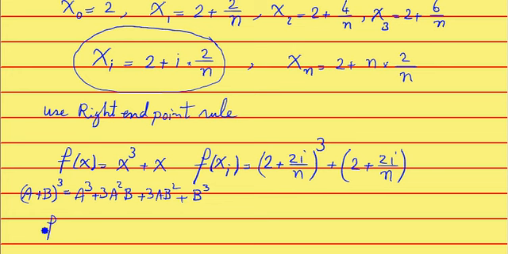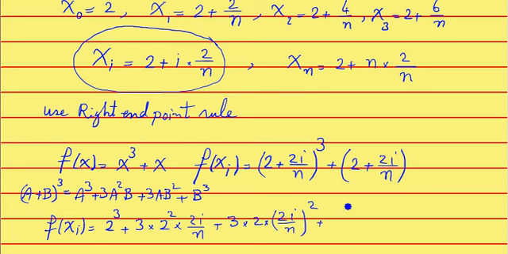So f of x_i then, cube of the first thing. Let me write down everything first and then simplify later. So 2 cubed plus 3 times 2 squared times 2i over n plus 3 times 2 times (2i over n) squared plus the last item, (2i over n) cubed.